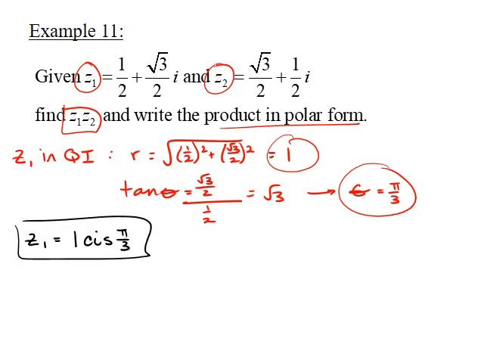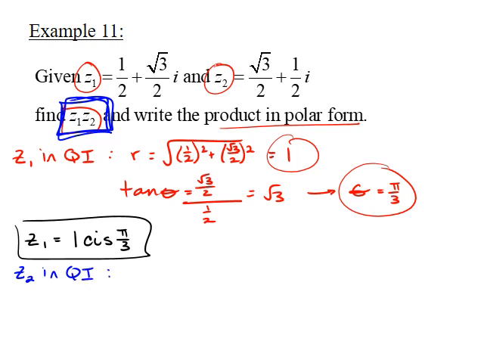I'm going to do the exact same thing with Z2. I have to rewrite these in polar form because the formula to find the product of Z1 and Z2 requires that these numbers are in polar form. So Z2 is also in quadrant 1.